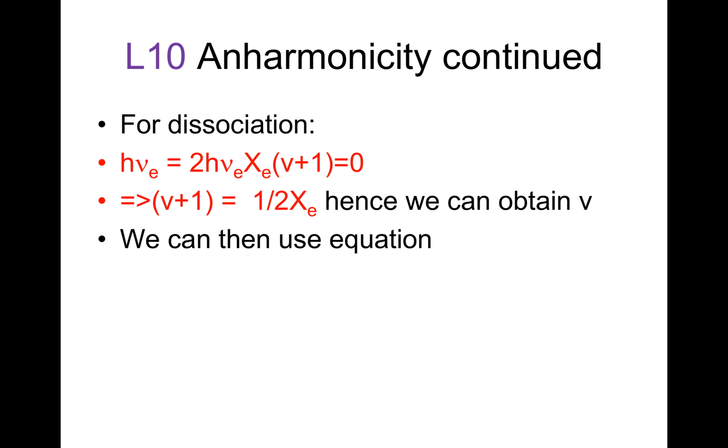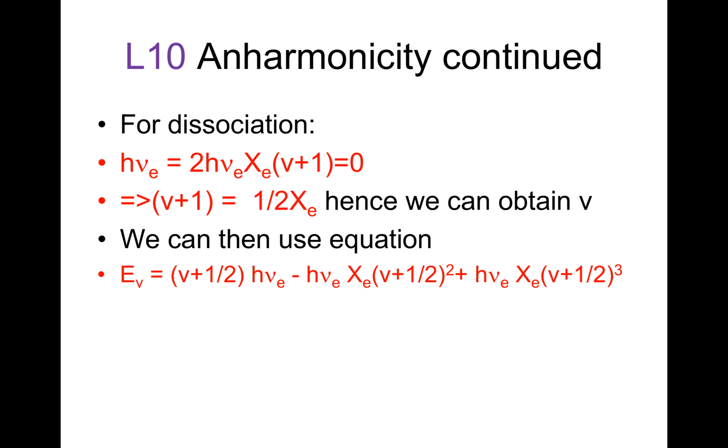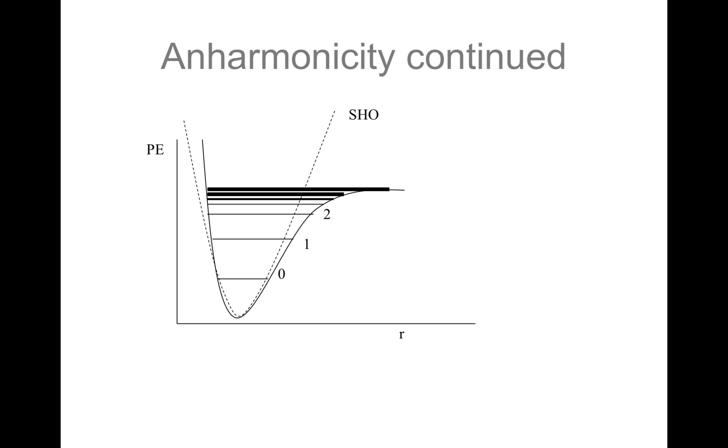We can then use the equation E_v is equal to (v plus a half) h nu_e minus h nu_e x_e (v plus a half) squared, plus h nu_e y_e (v plus a half) cubed, and so on and so forth, to estimate bond dissociation energy. This is how we do it.